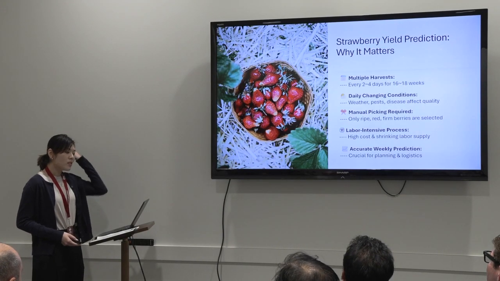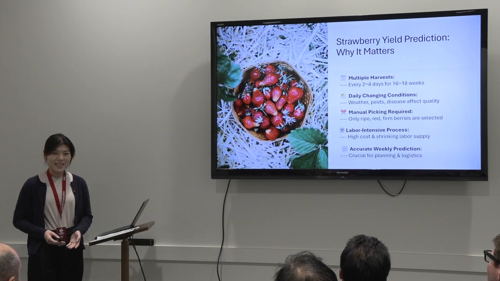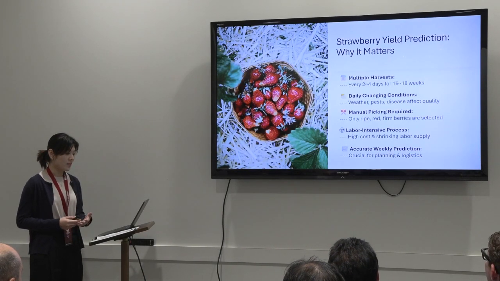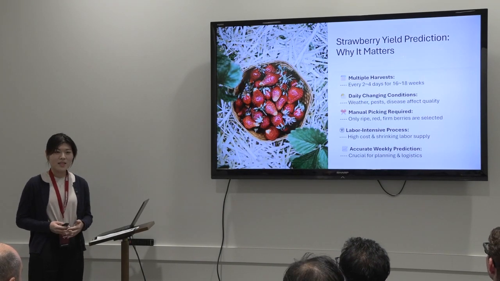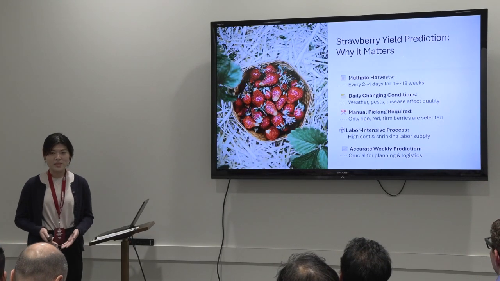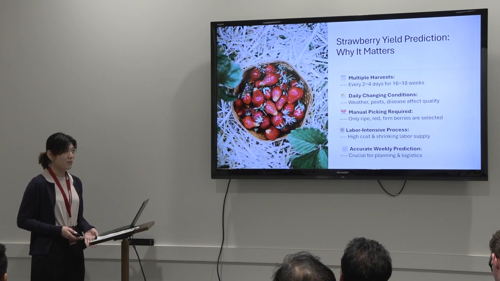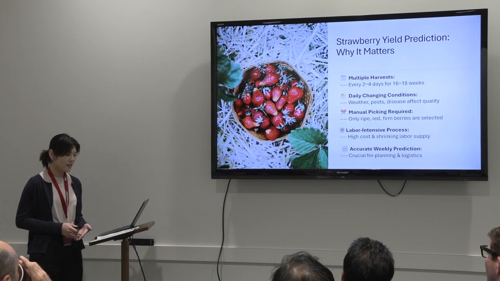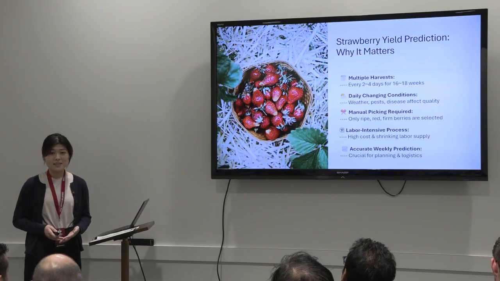And also there are so many complicated environments. The environmental conditions might change daily, which can impact our strawberry yield and how our strawberries will look. This can include the weather, pests and disease.